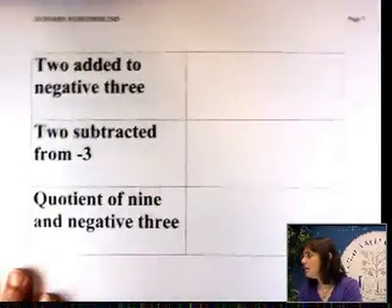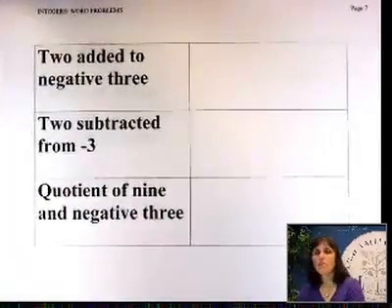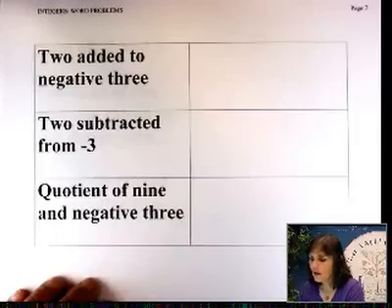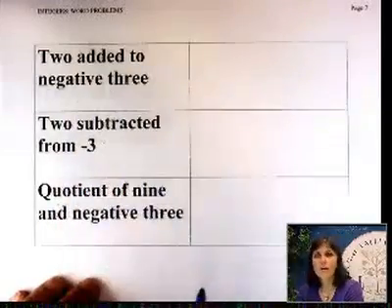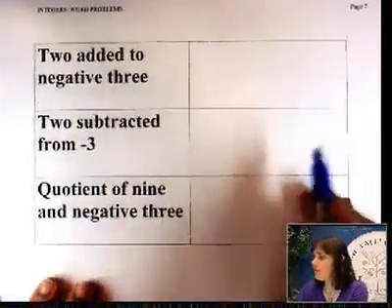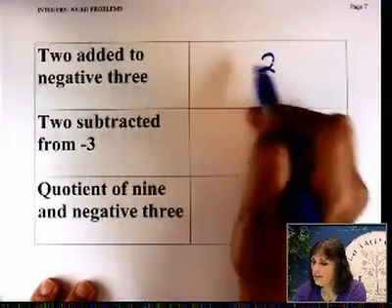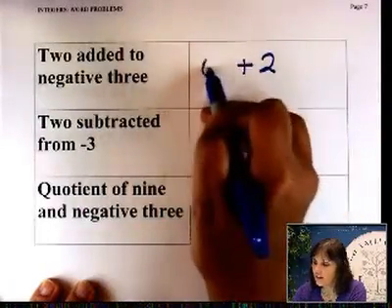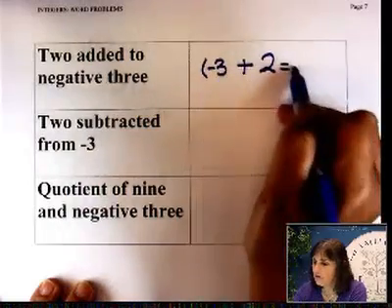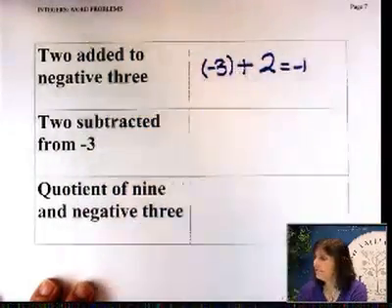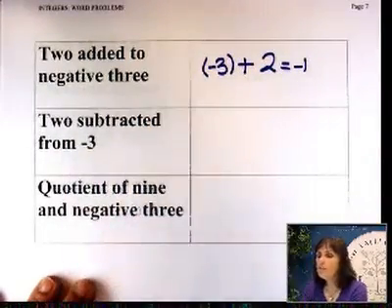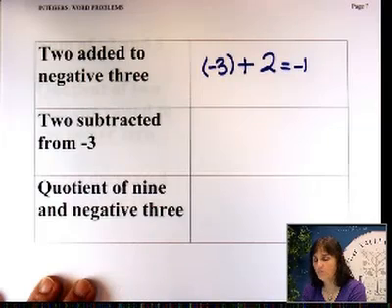All right, so let's see how this works. Very similar to whole numbers. 2 added to negative 3. Added to means passive. It comes from right to left. 2 added to negative 3, which gives you negative 1. Okay, 2 subtracted from negative 3.